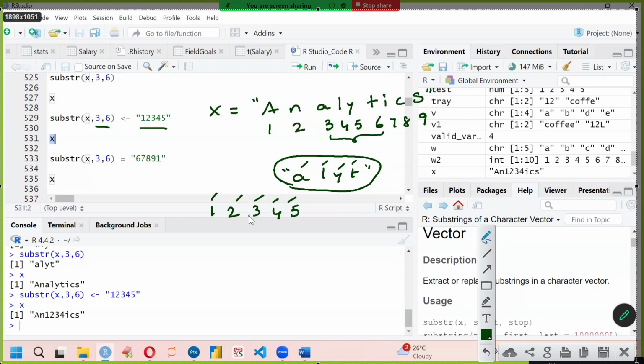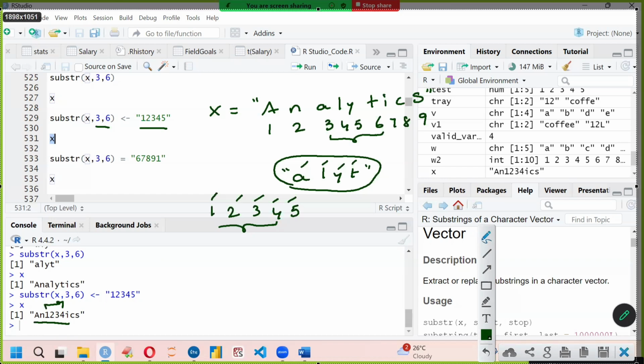Four elements can be converted into four only. That is why, when we try to make this ALYT into 1, 2, 3, 4, 5, it takes only 1, 2, 3, 4, because in this particular gap it can fit only four elements. That is the reason we got AN 1, 2, 3, 4 ICS.